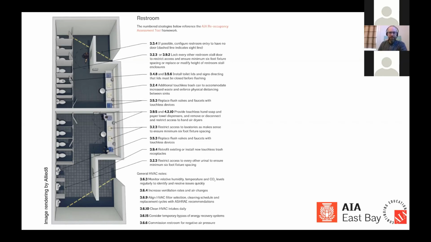This kind of intervention would need to be discussed with the AHJs, but calculations can be made to estimate, as the occupancy of the building goes down, perhaps the number of fixtures can go down temporarily as well. That's the takeaway.